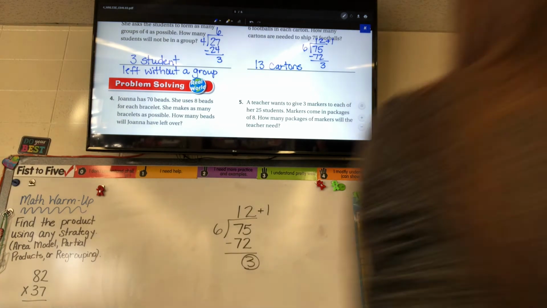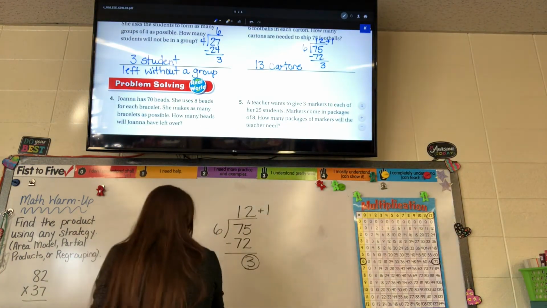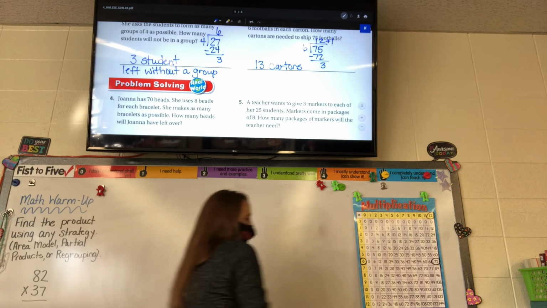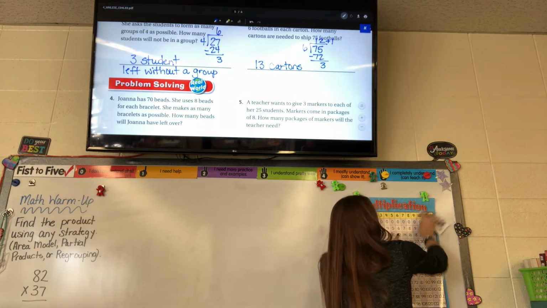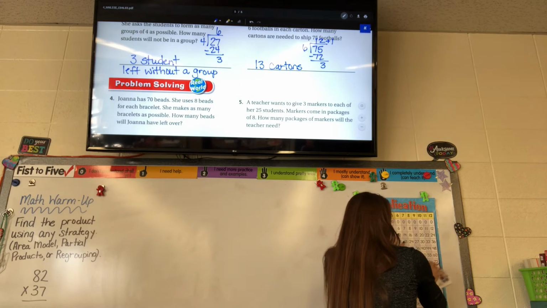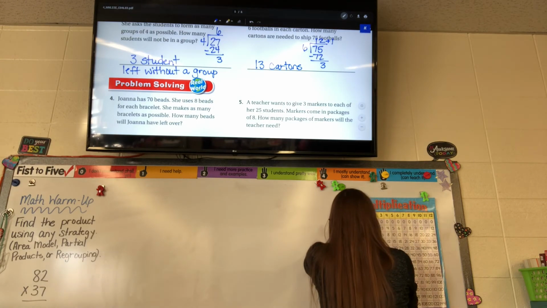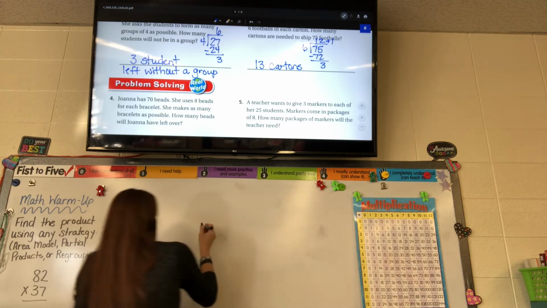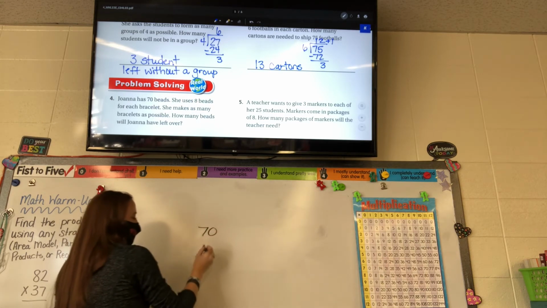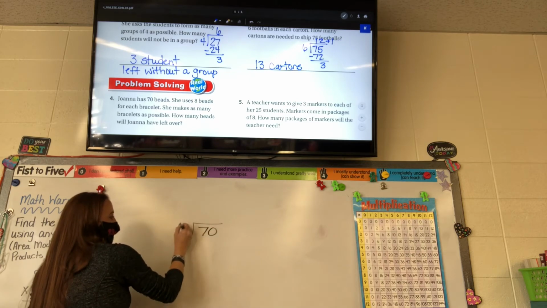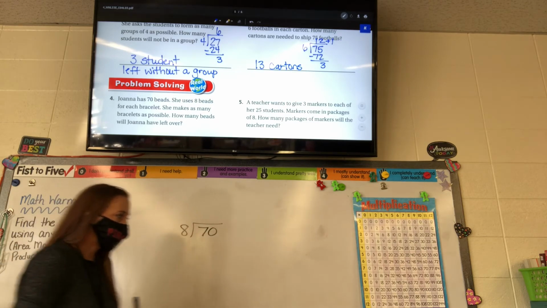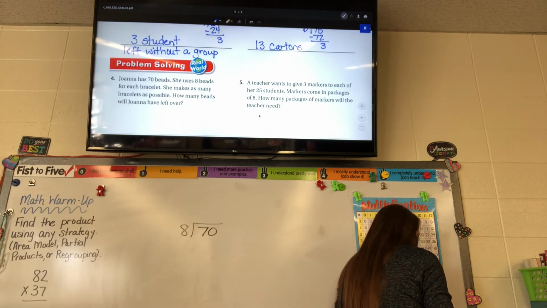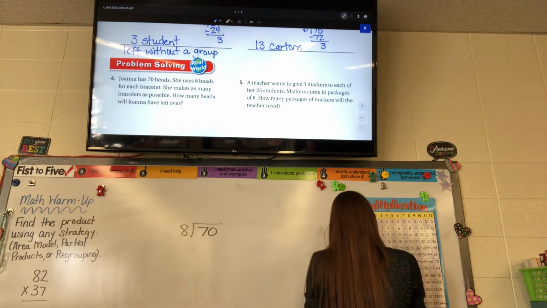Okay. All right. So Joanna, she makes bracelets, and she has 70 beads. And the bracelets that she makes have 8 beads in each one. So she wants to make as many bracelets as she can. So we're doing 70 beads divided into bracelets that have 8 beads in them. So we go to our 8 row and we're looking for 70.